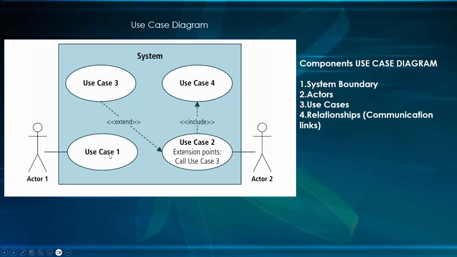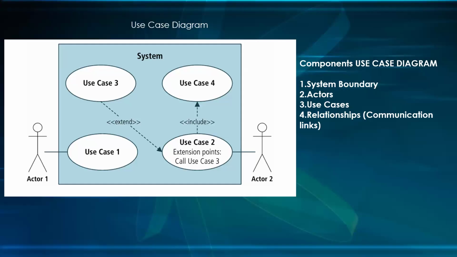Then use case 1, use case 2, use case 3, use case 4 are the functional requirements. A functional specification is basically the service that the system is going to provide, or how the actors are going to interact with the system.